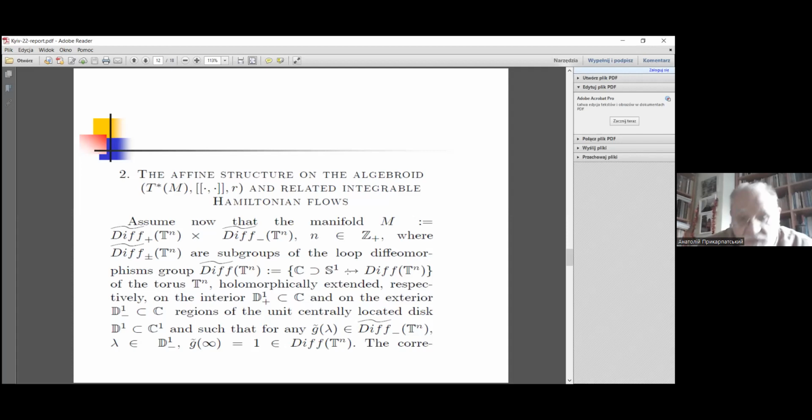We take this circle in the complex plane, and we consider all diffeomorphisms of this circle, mapping of this circle into diffeomorphisms of this diffeomorphism group.